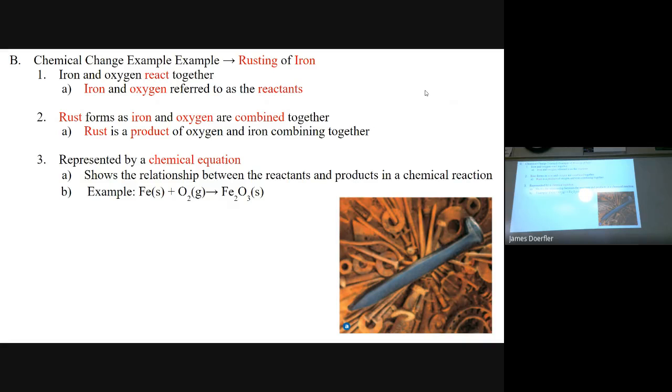Now, rust is chemically known as iron oxide.